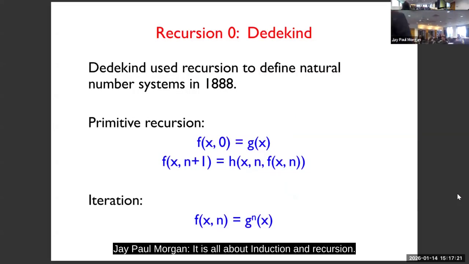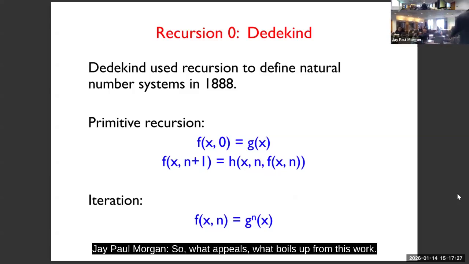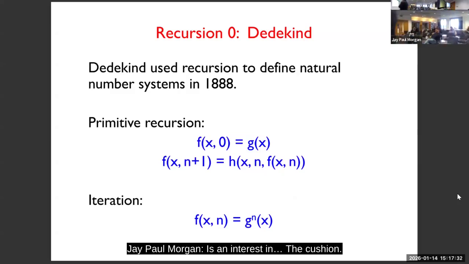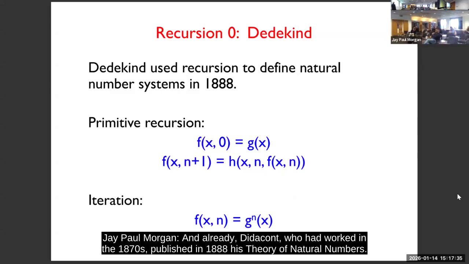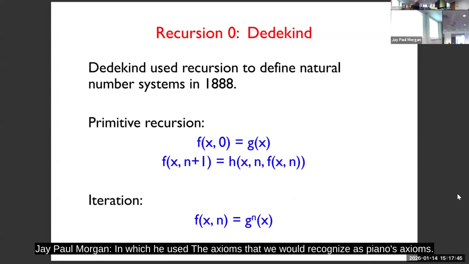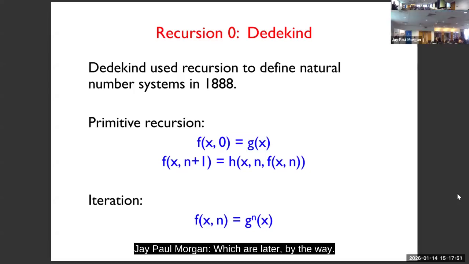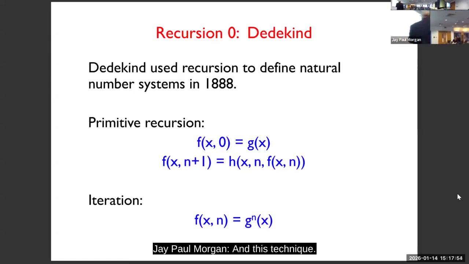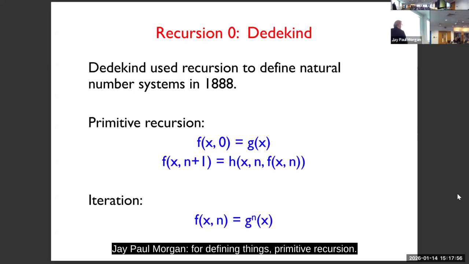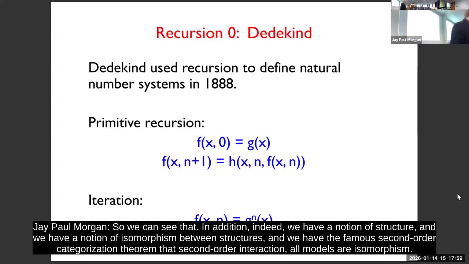So first of all, it's not called computability theory. It is all about induction and recursion. So what boils up from this work is an interest in recursion. And already Dedekind, who had worked in the 1870s, published in 1888 his theory of natural numbers, in which he used the axioms that we would recognize as Peano's axioms, which are later, by the way, and this technique for defining things, primitive recursion.